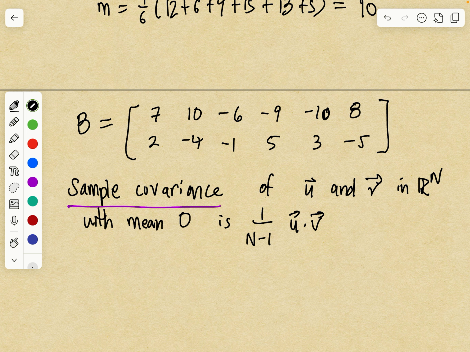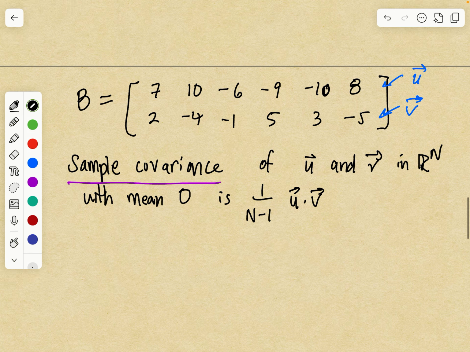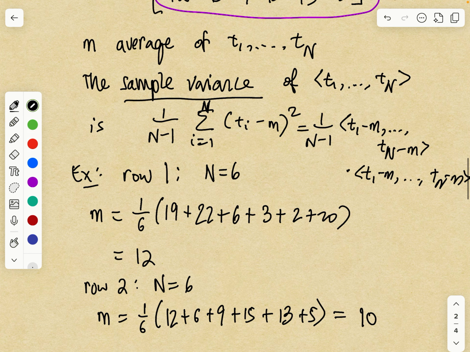So now I have these two vectors which I can think of as u and v. This first row is u, and that second row is my v. And notice this is a special case of what we had before, because when you take your vector t1 through tn and you subtract the mean from each component, you get a vector which has mean 0.